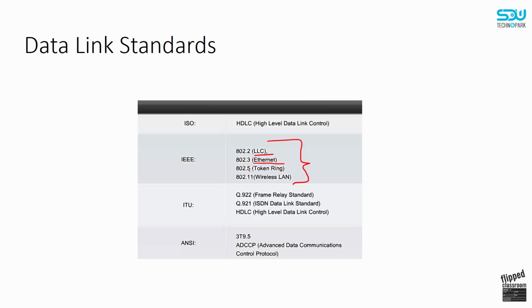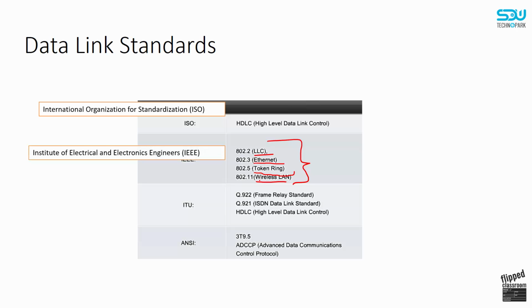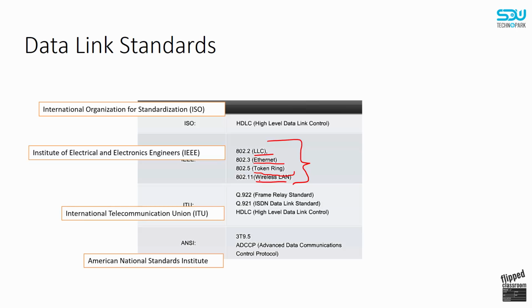And we have token ring, which is not used anymore in most organizations, and the wireless LAN with the 802.11 standard. ISO, International Organization for Standardization, IEEE, Institute of Electrical and Electronics Engineers, ANSI, American National Standards Institute, and ITU, International Telecommunication Union.